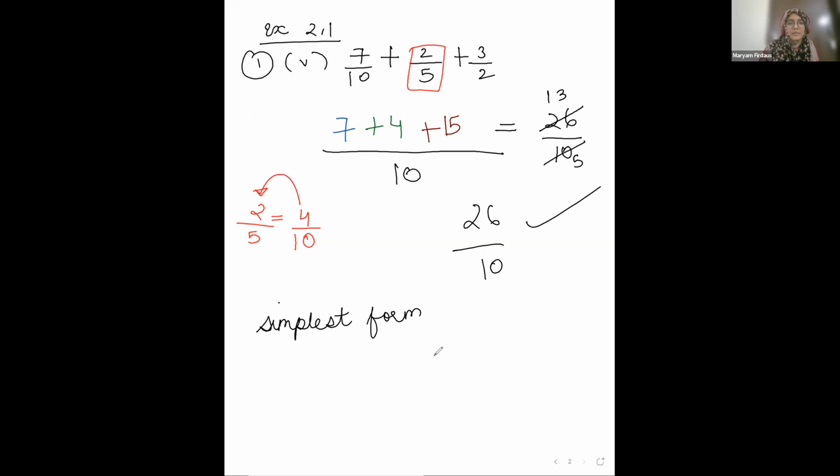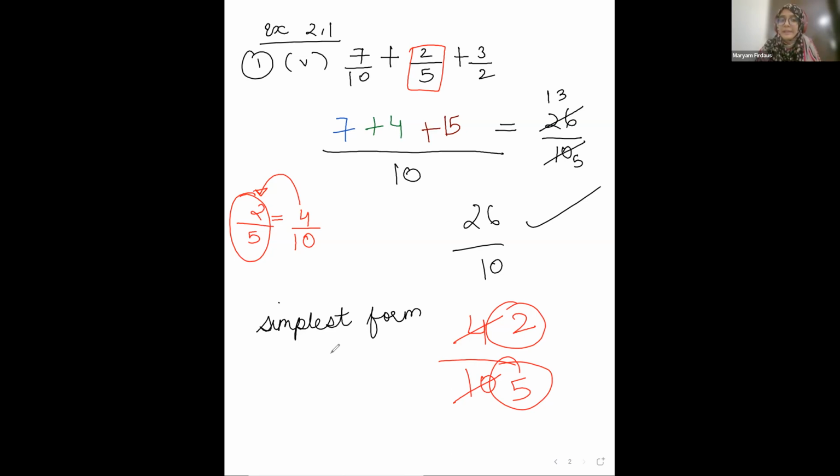When you divide both the numerator and denominator of 4 by 10 by 2, that means we are cancelling both by 2. 2 2s are 4, 2 5s are 10. So you got 2 by 5. That's why we say 2 by 5 is the simplest form, because it cannot be further simplified.